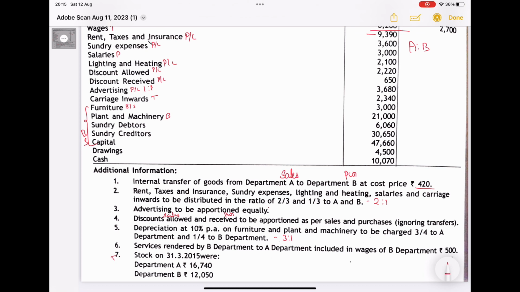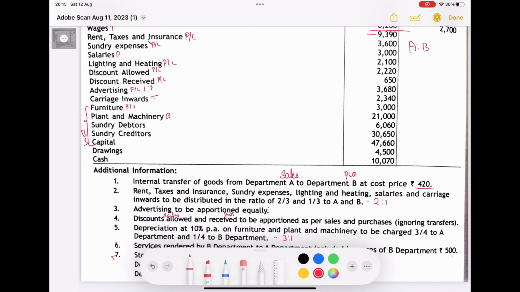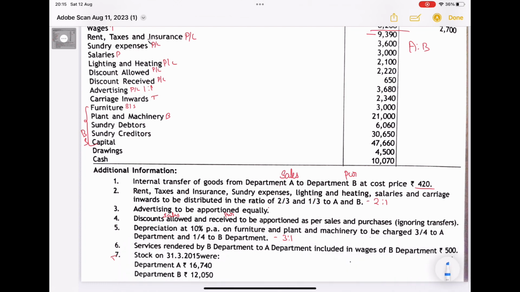Okay, these are the things which are very important, we have to know these things. Interdepartmental transfer they have given, so important items: rent, sundry expenses, lighting and heating, salaries and carriage inward.